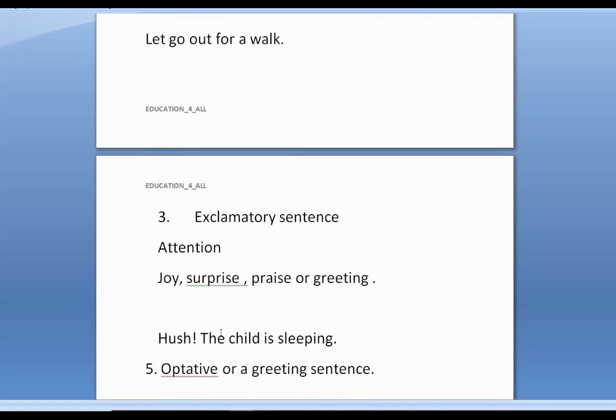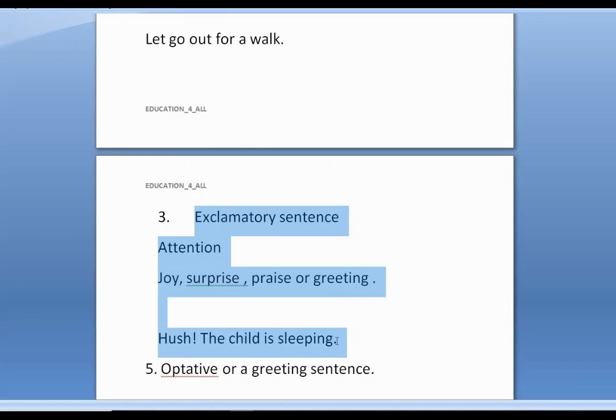In this, we can clearly and easily understand if the exclamatory mark is present, we can say it is an exclamatory sentence. But we need to keep a note of that things like it should have attention, joy, surprise, praise or a greeting.